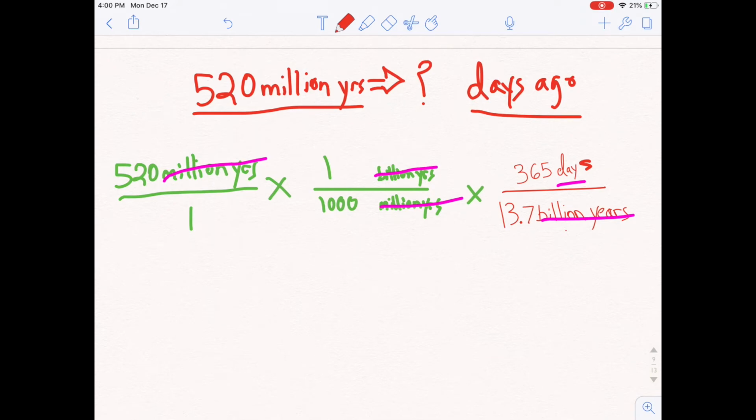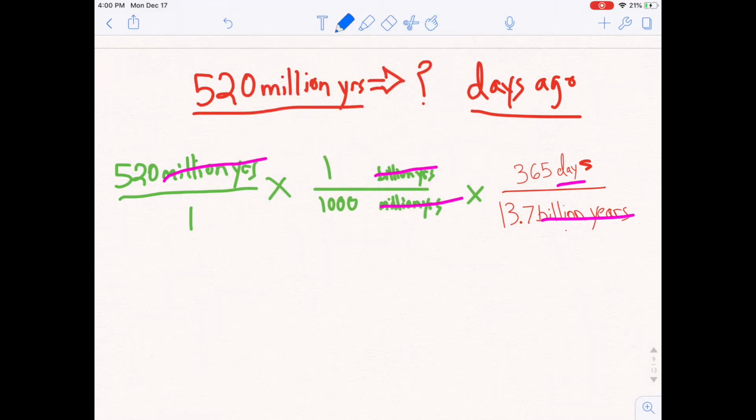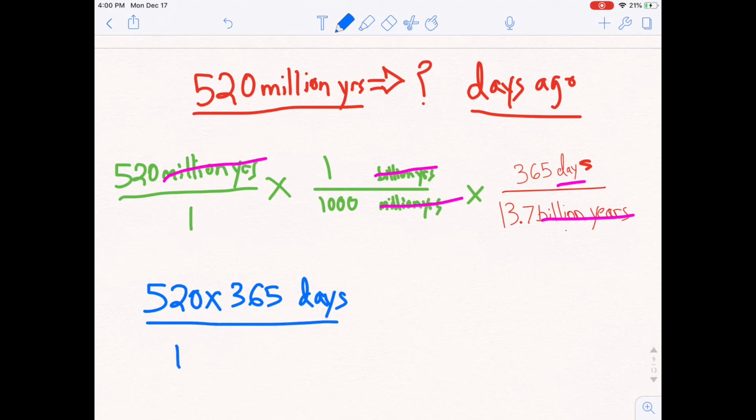All right. Now let's simplify our fraction here or execute our calculation or however you want to say it. Let's do blue. I like blue. 520 times 1. We don't need to write in the times by 1 because anything times 1 is itself, times 365 days over 1. Nope, I don't need the 1.